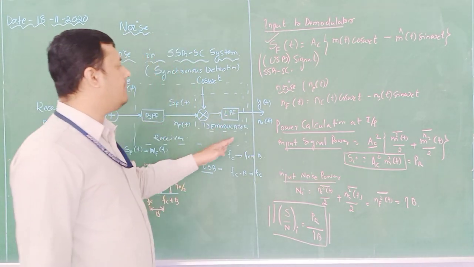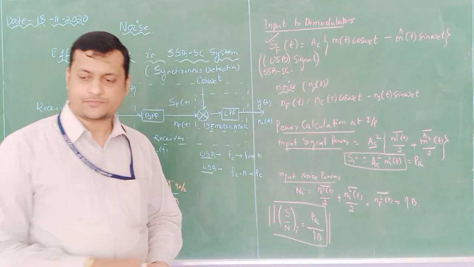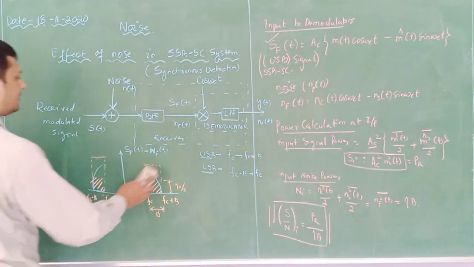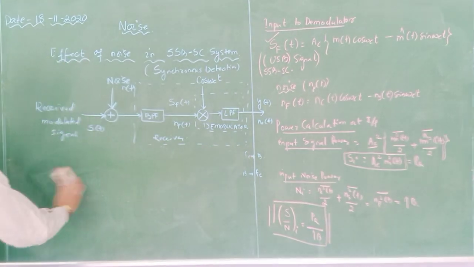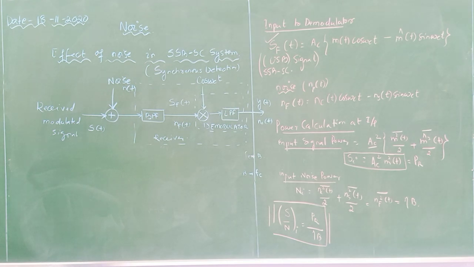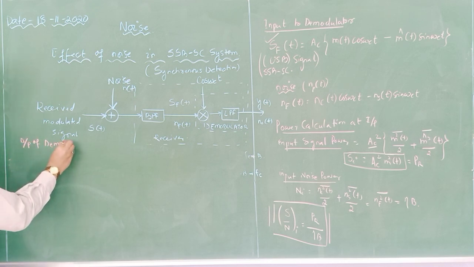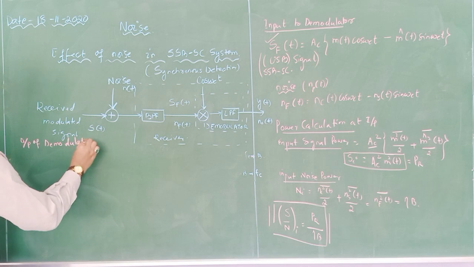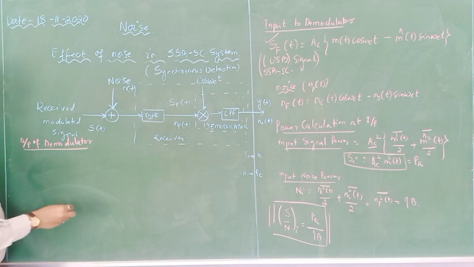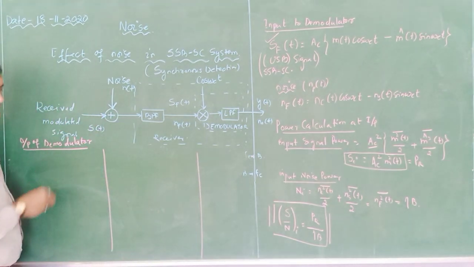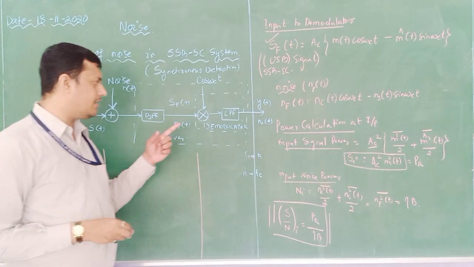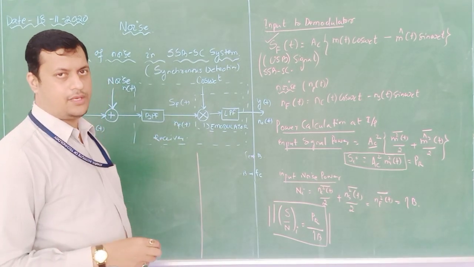Now we need to calculate for the output side. So I will erase this one. At the output of the demodulator, I need to calculate signal power, noise power, and output SNR.